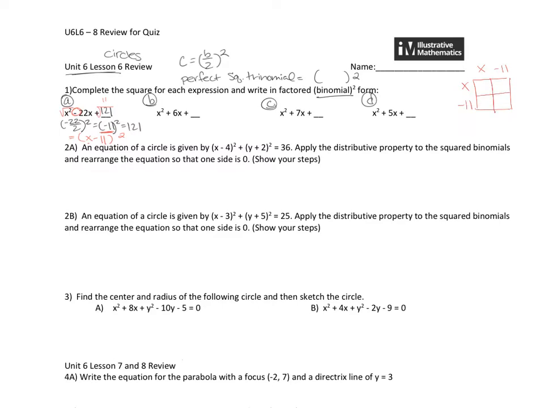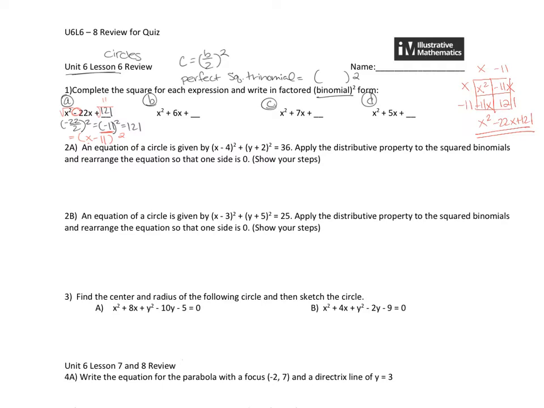And when you do that, x times x is x squared, negative 11 times x is negative 11x, and negative 11 times negative 11 is 121. That gives me x squared minus 22x plus 121. So I can see that my trinomial is equal to x minus 11 squared.